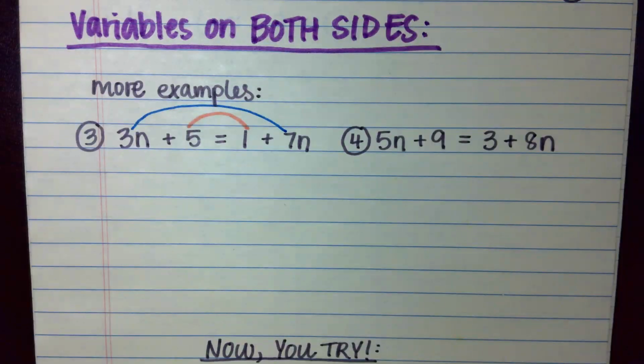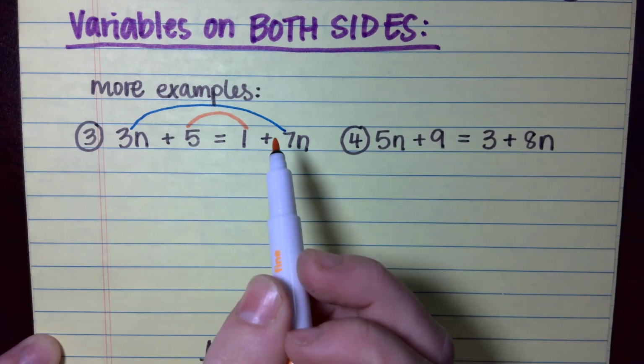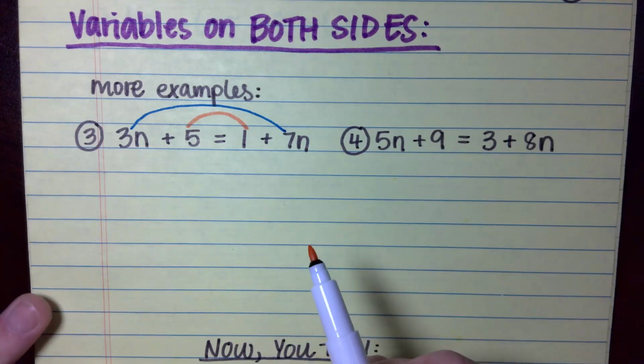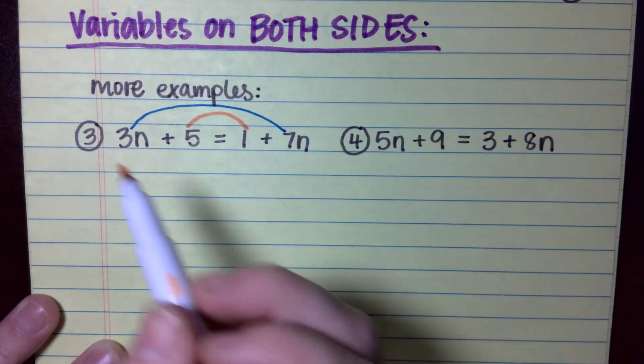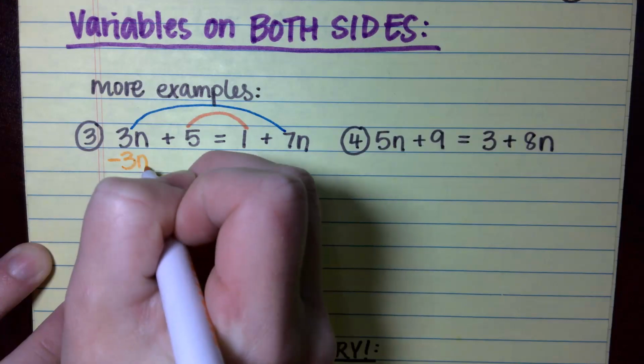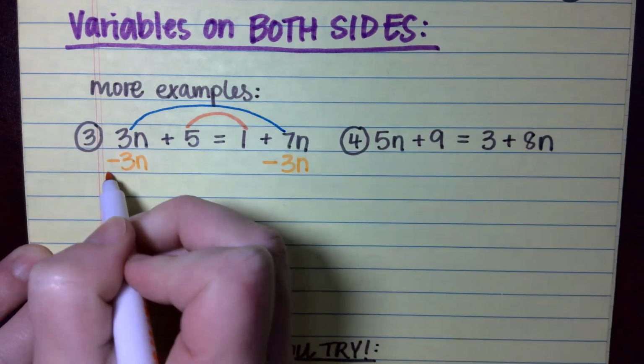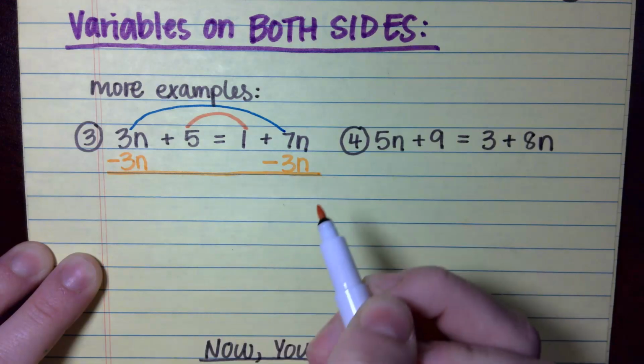So let's go ahead and look at number 3. I have 3n plus 5 equals 1 plus 7n. Minus 3n? Sure, let's do that. Minus 3n on both sides. Okay.